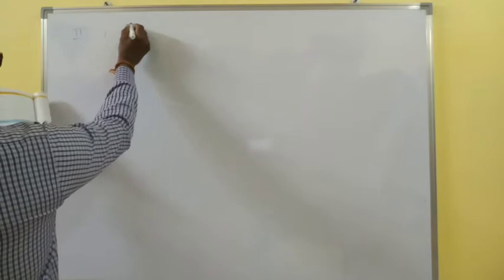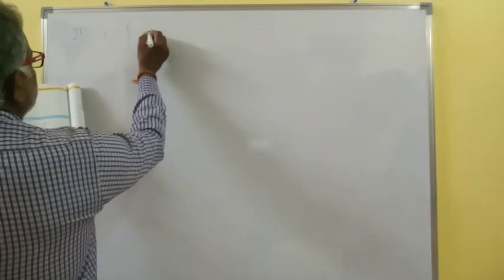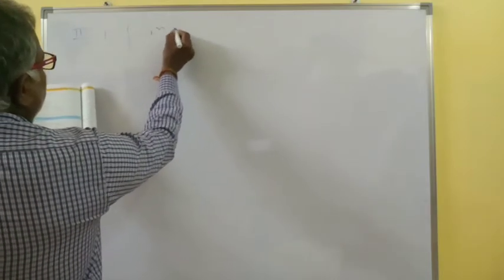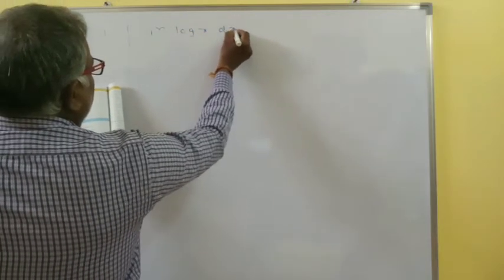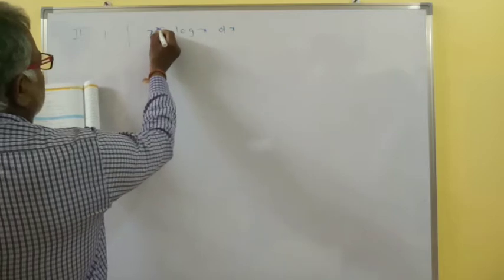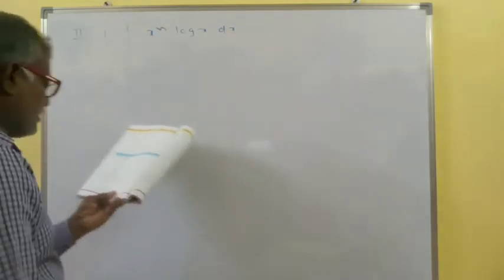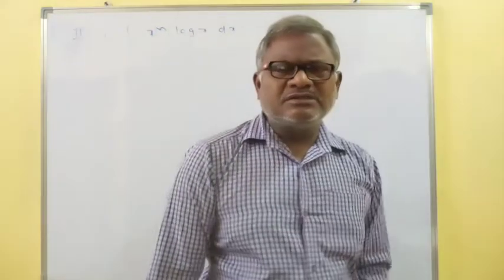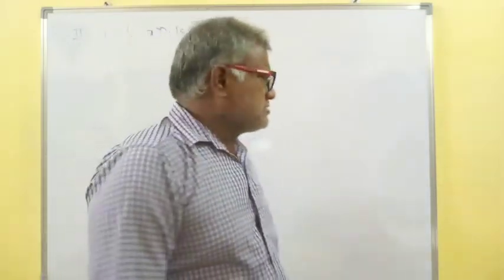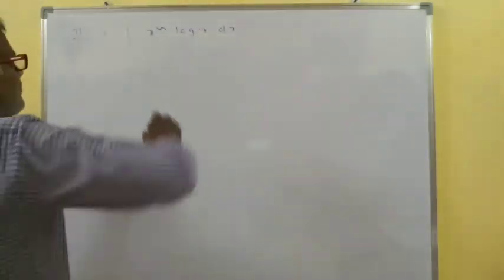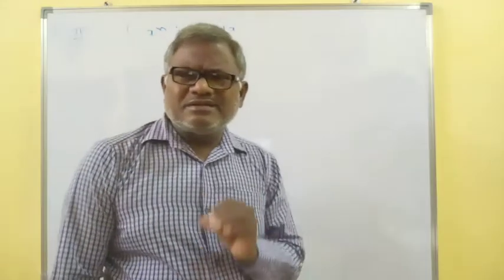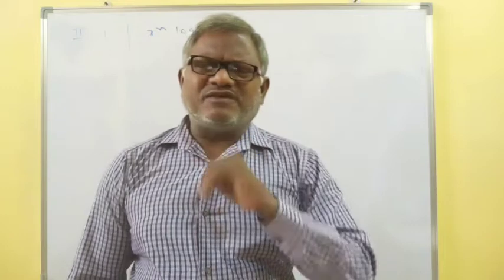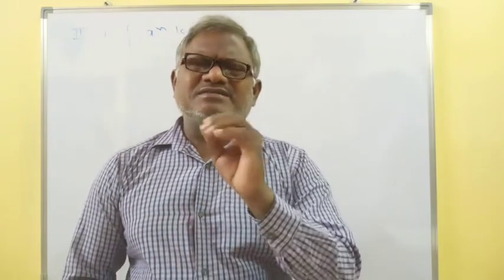First one, integral x power n into log x dx. So here, first of all, you have to select which is the first function and which is the second function.